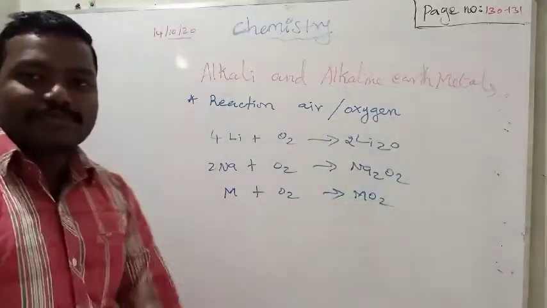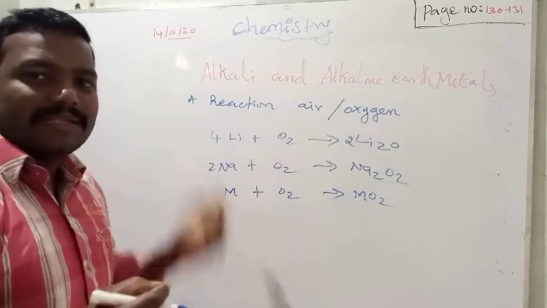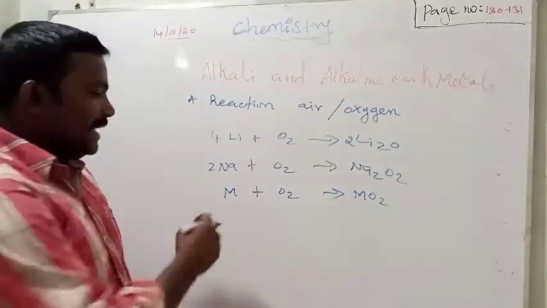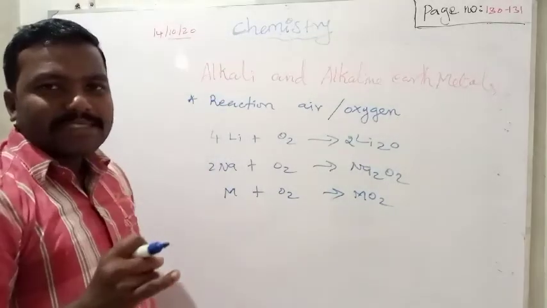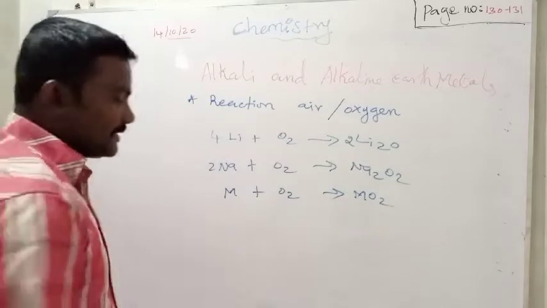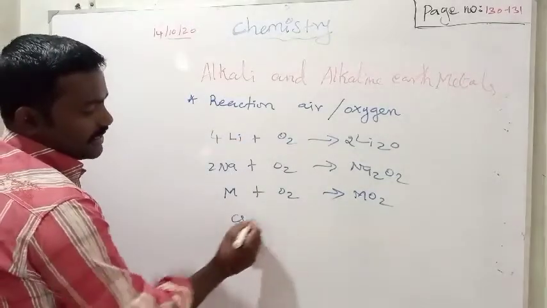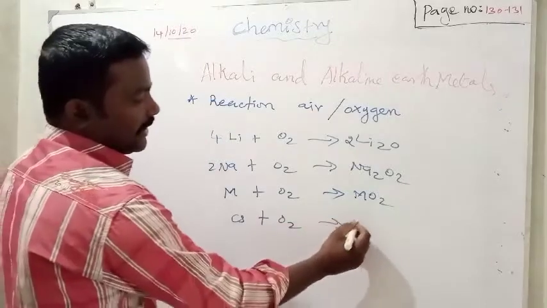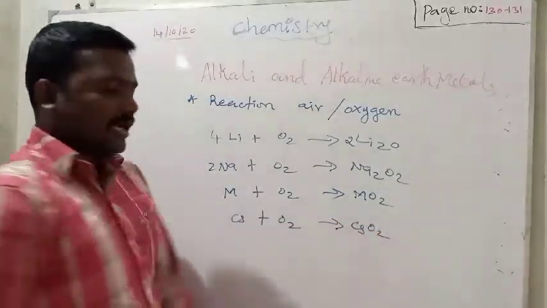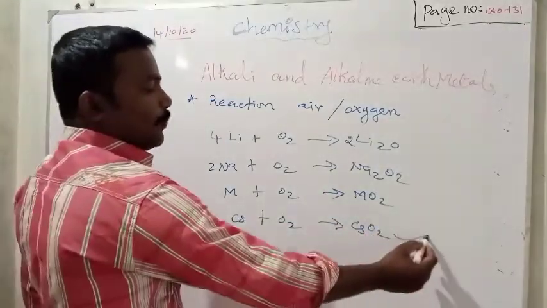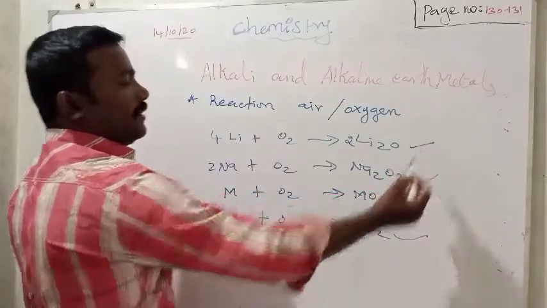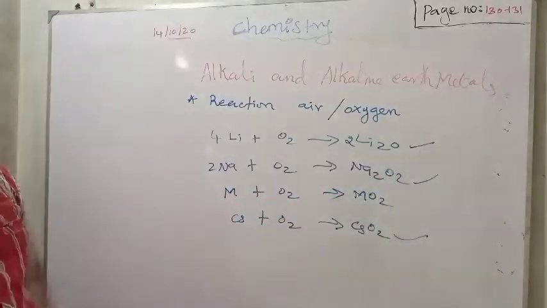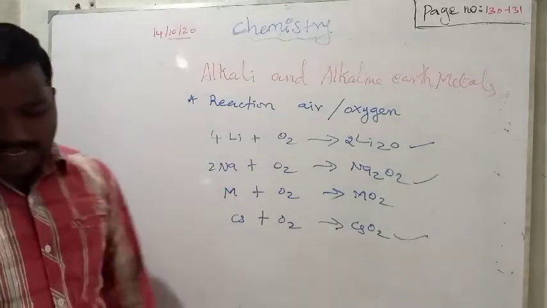For example, we substitute M with the remaining elements in this group: potassium, rubidium, cesium. If you substitute cesium, it gives cesium superoxide. So superoxide, peroxide and monoxide or normal oxide.